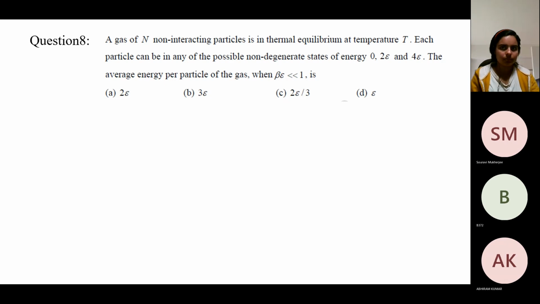Whenever you're finding expectation values, you multiply the probability with the corresponding values. So here you multiply the energy of the individual states with the probability of being in that state. Is this clear?